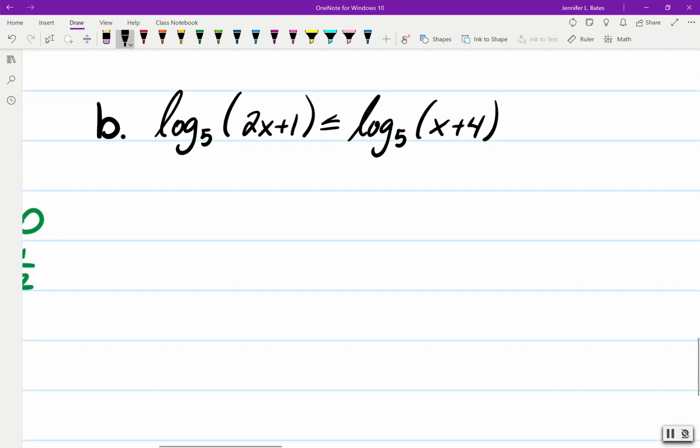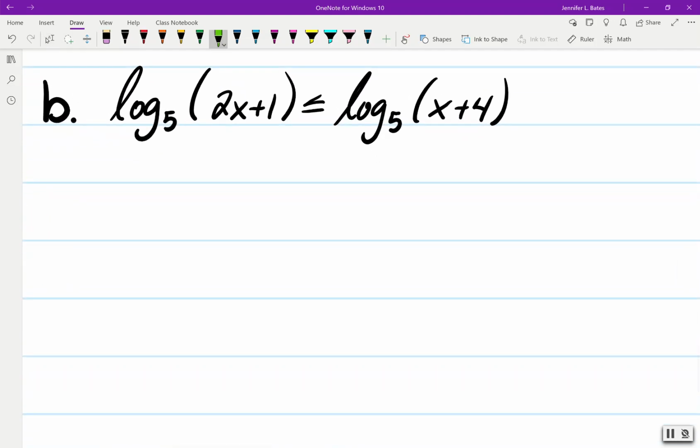My logs have the same base, so I can bring down the arguments. 2x plus 1 is less than or equal to x plus 4. Now this should be easy solving, so go solve this for x.